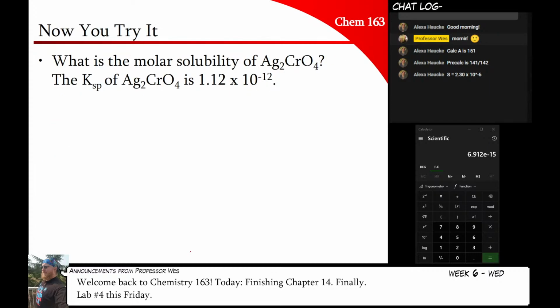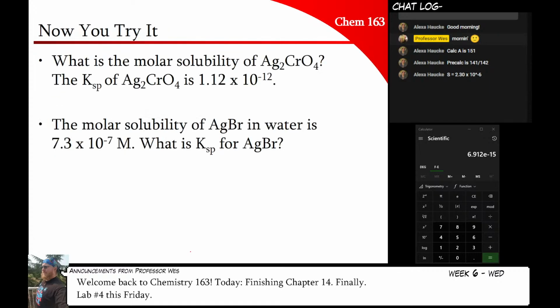Okay, so how many of these do I have? There we go. I have 2 problems for you. You can do the first problem to solve for S, and then for the second problem I want you to tell me what KSP is. I've given you all the numbers that are relevant for these problems, so you don't have to look anything up.